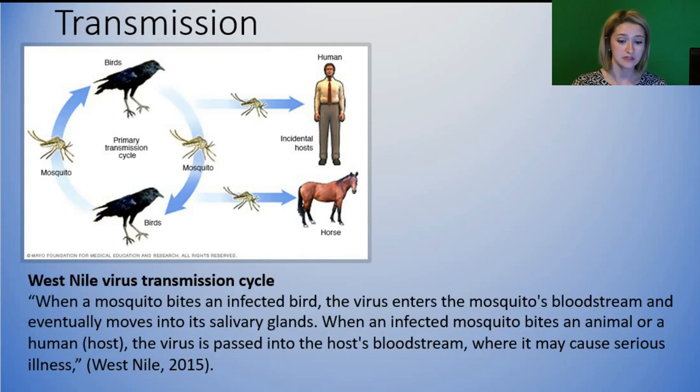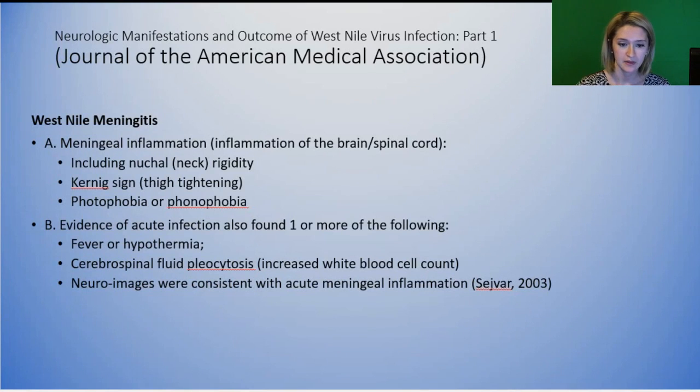When a mosquito bites an infected bird, the virus enters the mosquito's bloodstream and eventually moves into its salivary glands. When an infected mosquito bites an animal or a human host, the virus is passed into the host's bloodstream, where it may cause serious illness. We know this as the West Nile virus.